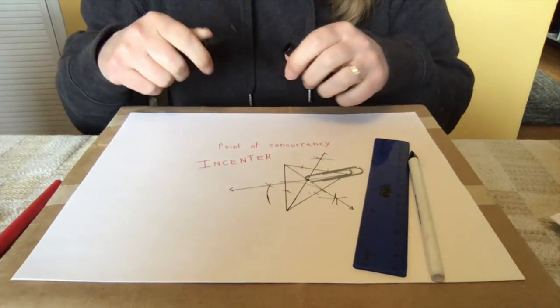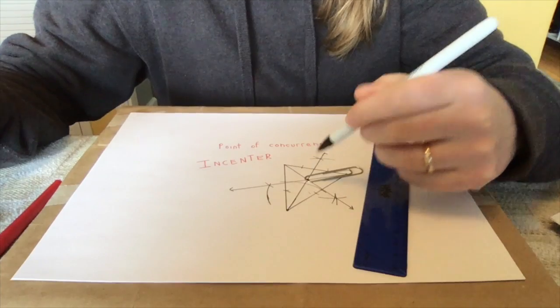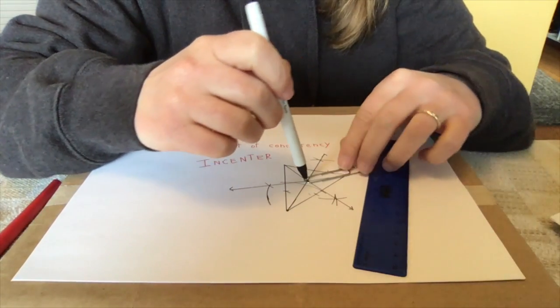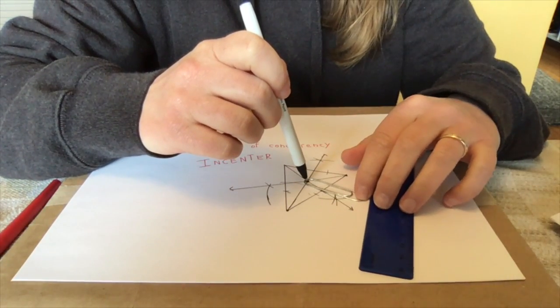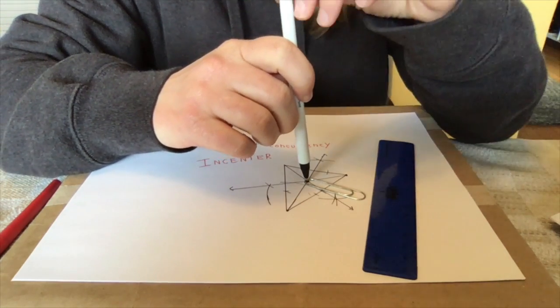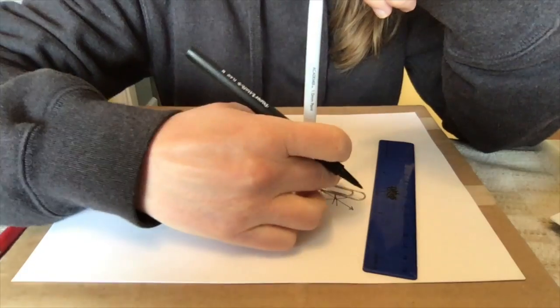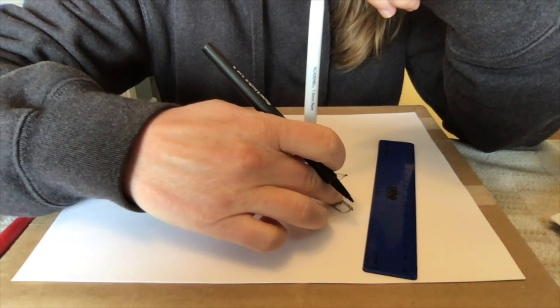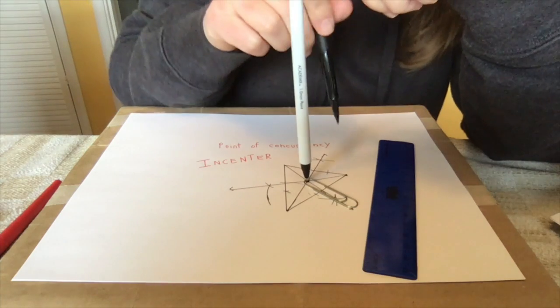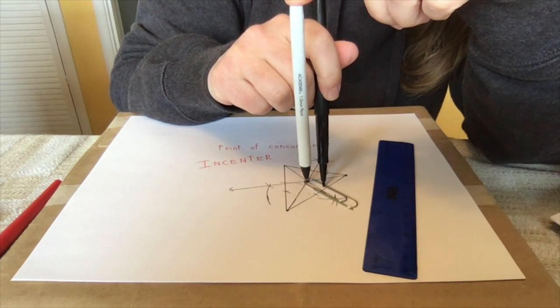Well, this is hard to do with a paper clip, but if I measure from here perpendicular to the side, perpendicular to the side, I'm going to say that this little part of the compass right at the end of that is about the incenter.